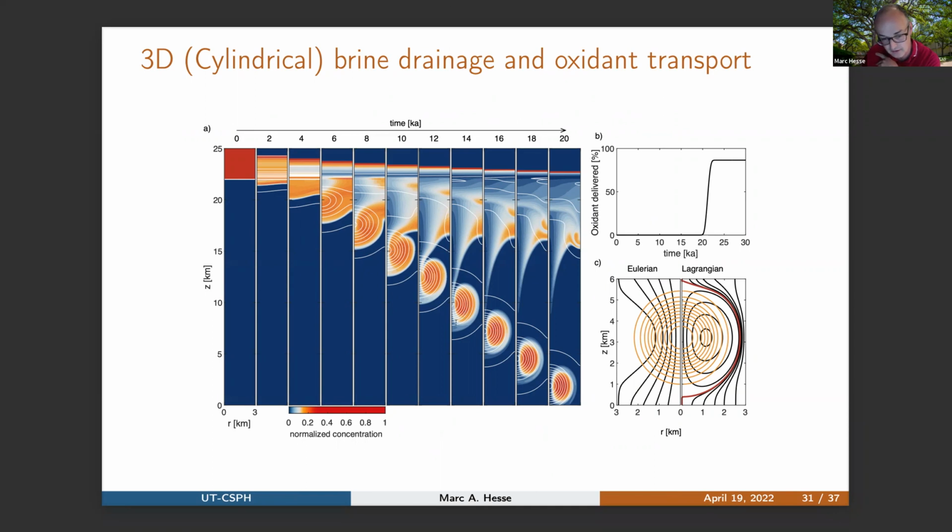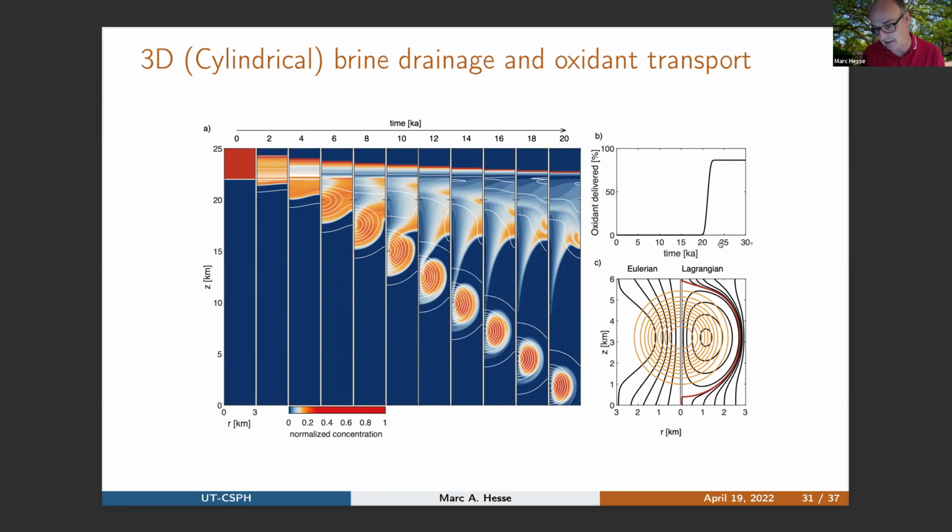Then you see that the oxidant is caught in this sort of swirl within this porosity wave. To visualize those streamlines, you go in a Lagrangian reference frame that moves with the phase velocity, and then you can see that you have recirculating streamlines in this porosity wave. And that's what effectively transports the oxidants.